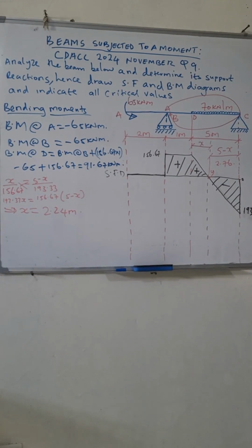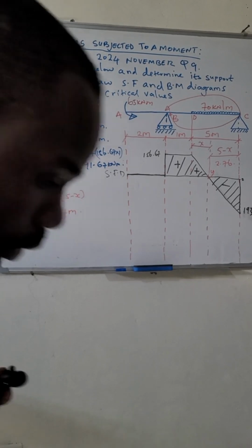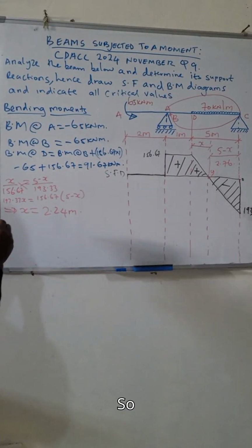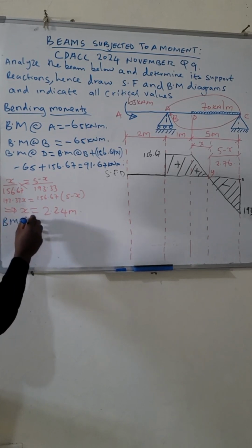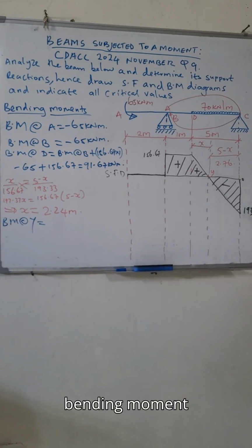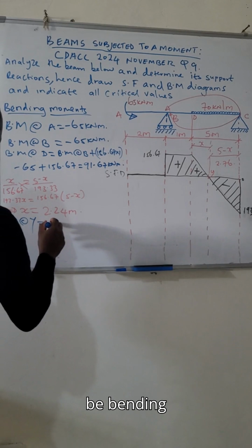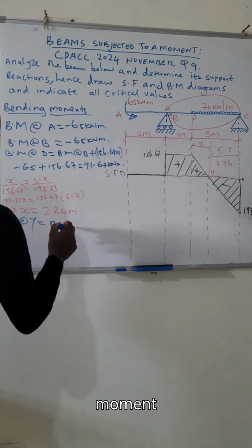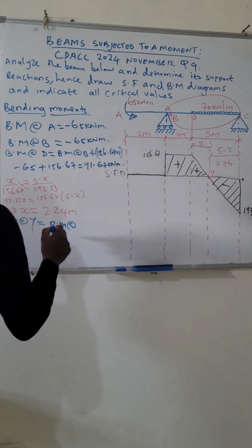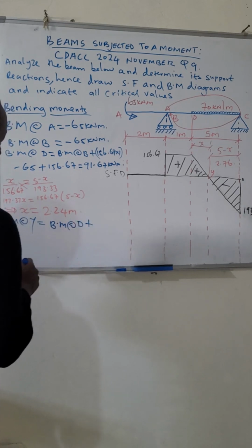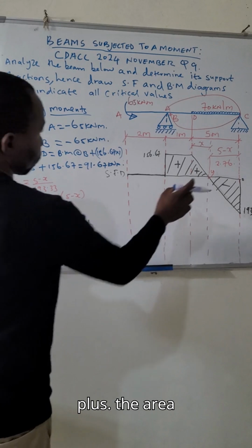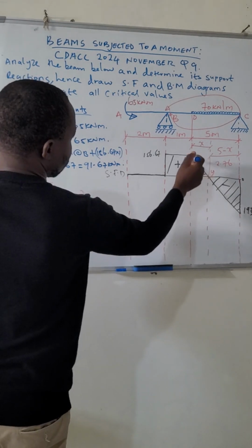So bending moment at y will be bending moment at D plus the area of this triangle.